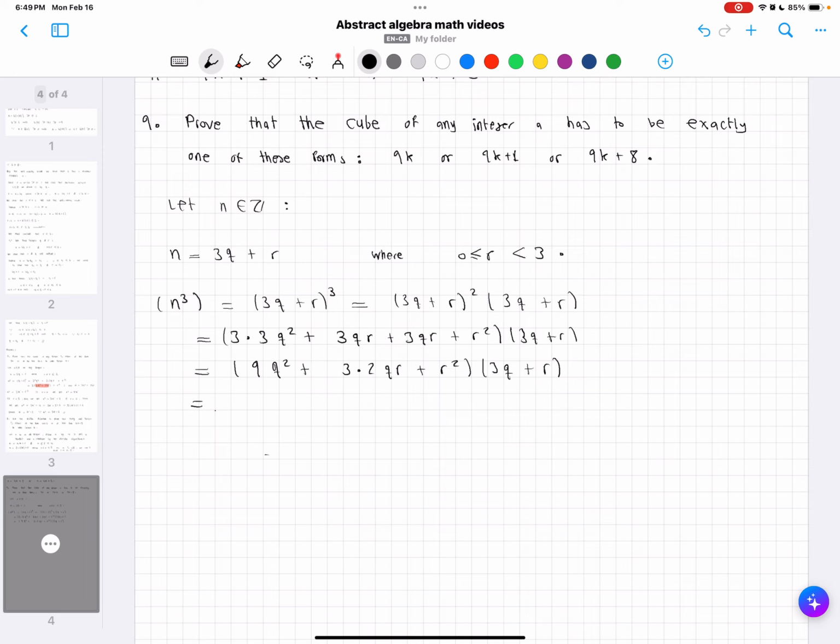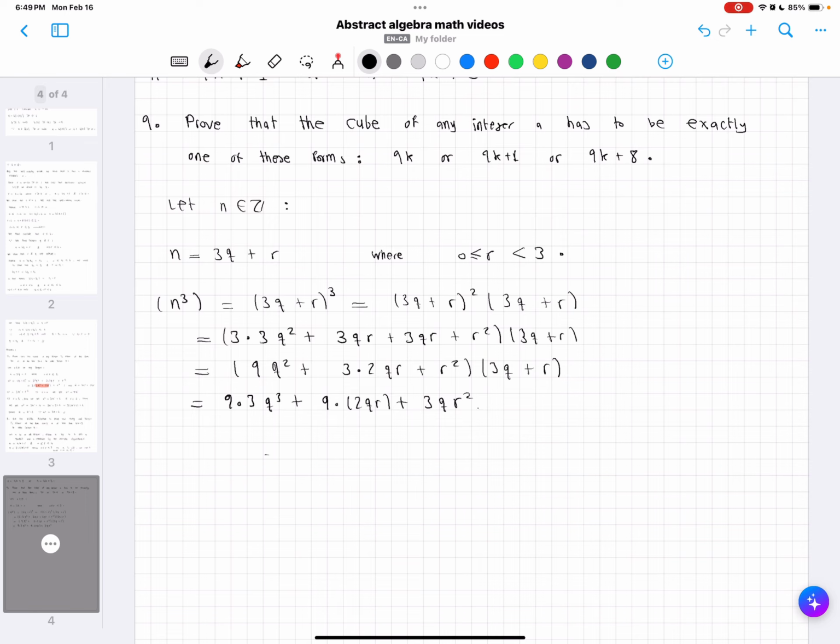We get 9 multiplied by 3q to the power of 3 plus 9 multiplied by 2qr, plus 3 times q times r squared.